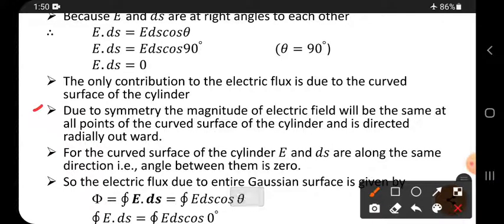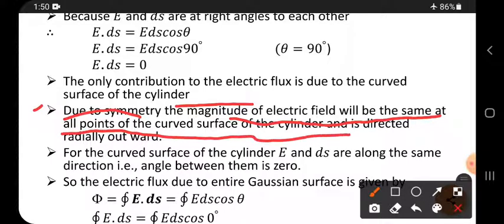Right? Due to symmetry, the magnitude of the electric field will be the same at all points of the curved surface of the cylinder and is directed radially outward.